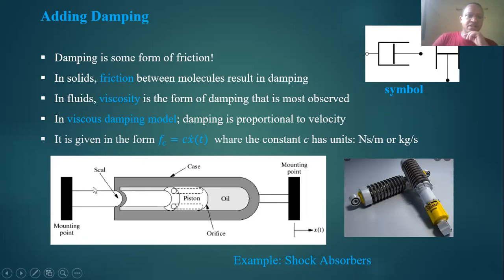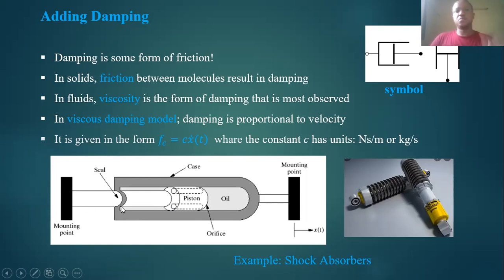So we can see this shock absorber system. It consists of a piston mechanism. There is a cylinder here, and then there is a piston. There is a liquid, or viscous fluid, inside the cylinder.